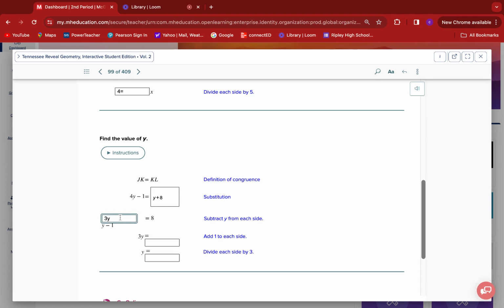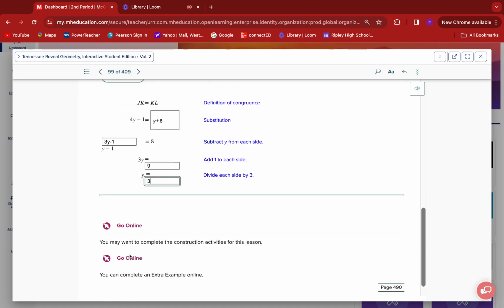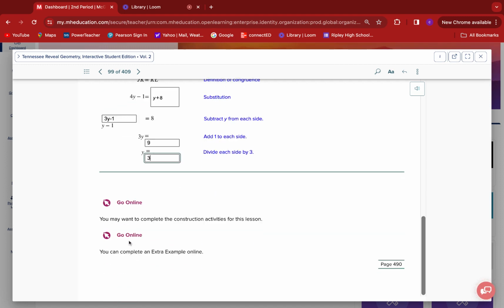That's going to bring down the minus 1 equals 8. We're going to add 1 to the other side. So 8 plus 1 is 9. And then the opposite of multiplying by 3 is to divide by 3. So 9 divided by 3 is 3. So y is equal to 3. All right, we are done.